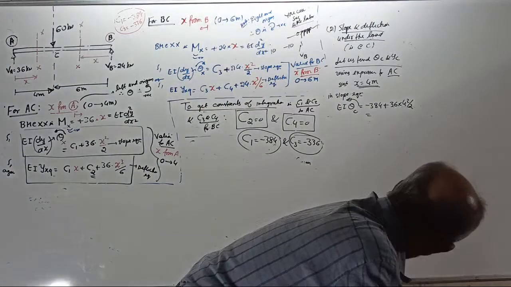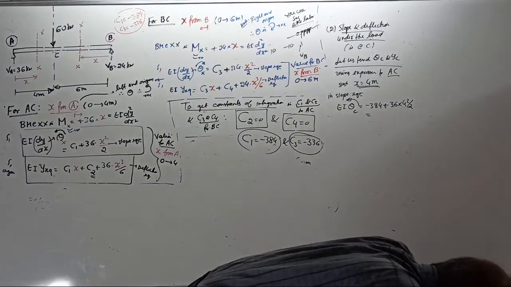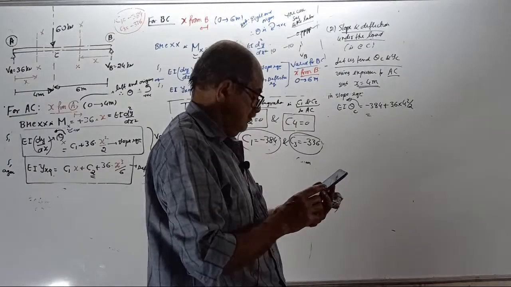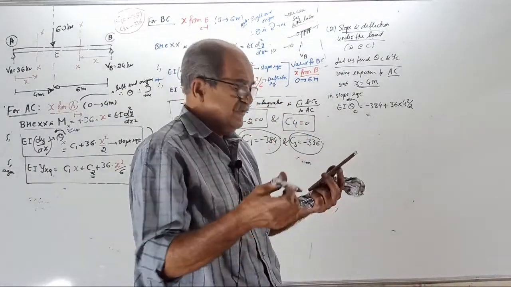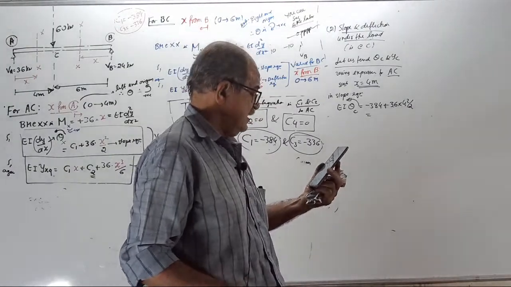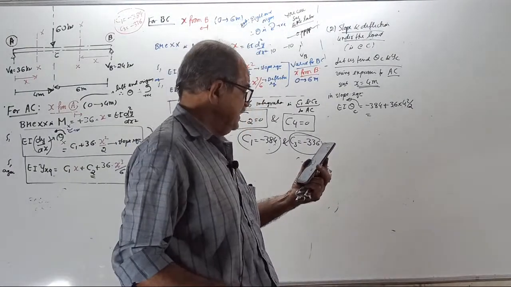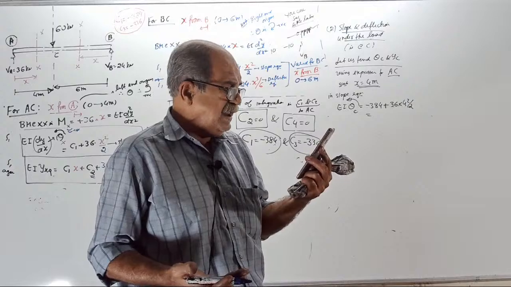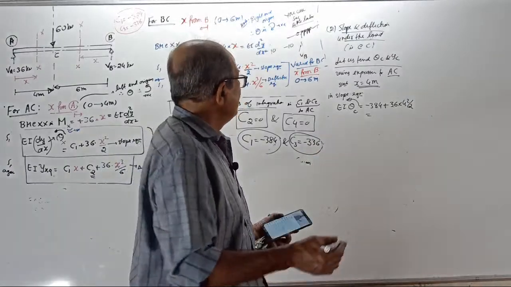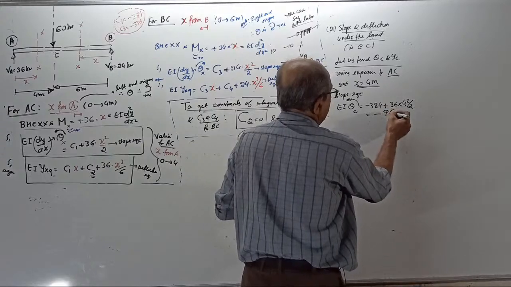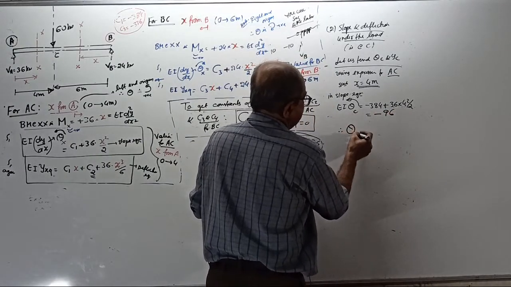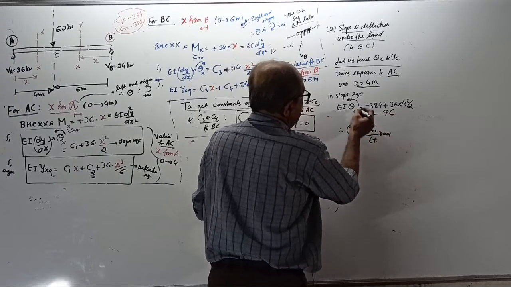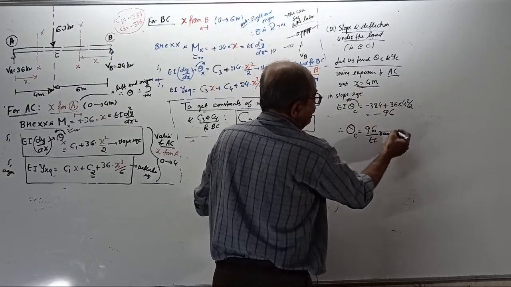What is the answer? Important concept is there. This you should calculate immediately. Minus 96. Therefore, theta C equals 96 by EI radian. We took anti-clockwise positive, so negative means that much clockwise.